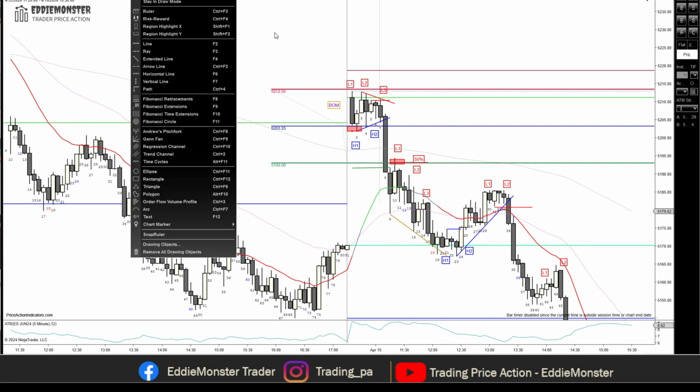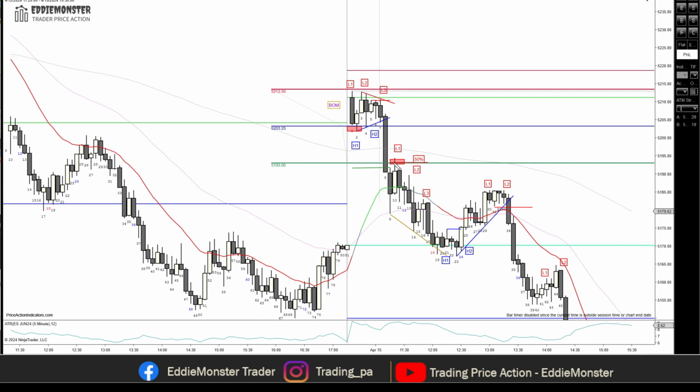So your stop is here, let's say, above 7, and you're looking for 101. This is a high priority trade, so you're looking for 101 at least.